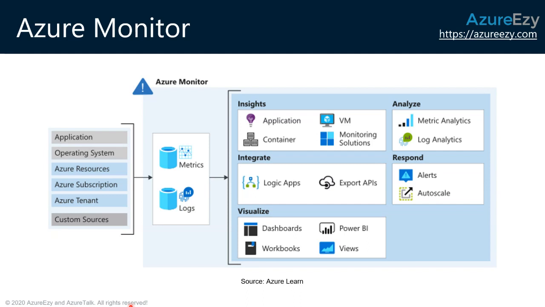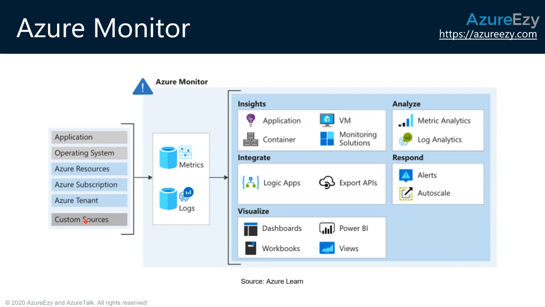Azure Monitor is a platform as a service in Azure which can help you get logs from all these different types of sources. You can get logs from applications, from the operating system, from Azure resources, from the Azure subscription, from the tenant, and even from custom sources, like your on-prem solutions or a containerized solution.